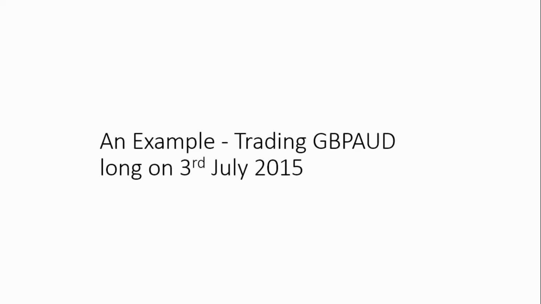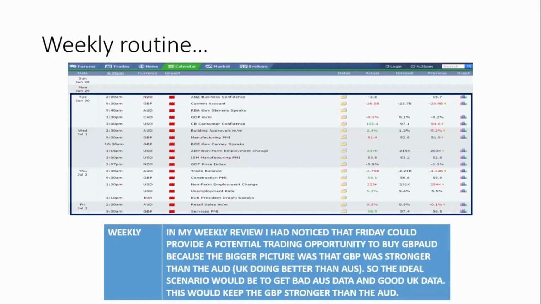So trading pound Aussie long, or a buy trade, on the 3rd of July 2015. Weekly routine. When I was looking at my weekly routine, I noticed that Friday could be quite interesting. Why could Friday be quite interesting? Well, we had Australian data and we had pound data. Now remember, we looked at our bigger picture perspective. We were bearish on the Aussie because of them cutting interest rates and their central bank moving to a negative stance.